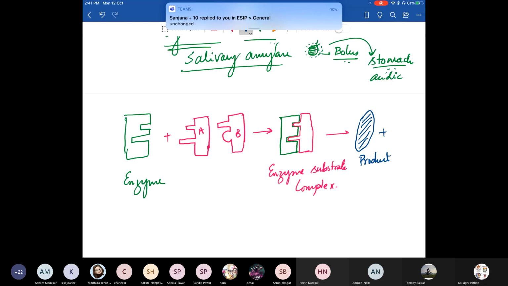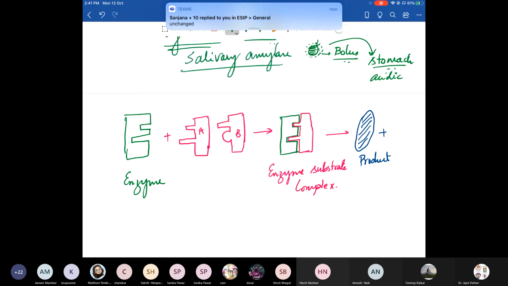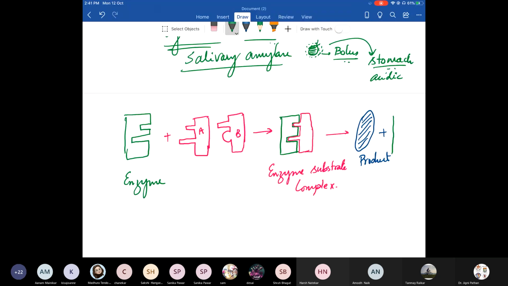Unchanged. Very good. So you get your enzyme back. Is this point clear? So this is the equation for the lock and key hypothesis.